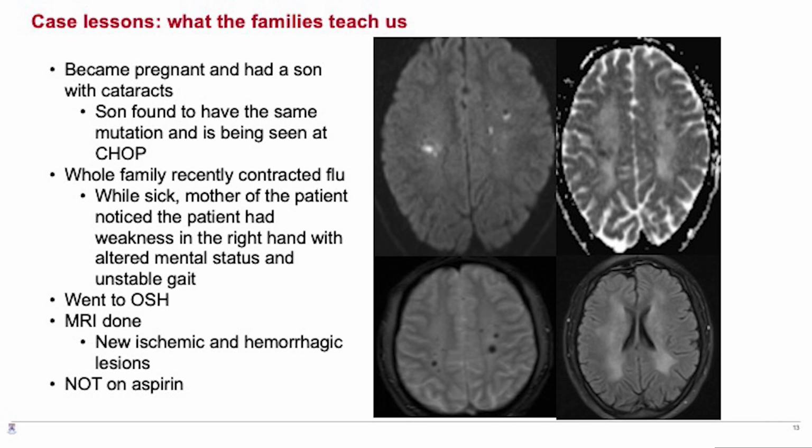There's new blood in the brain, and in this bottom left one you can see all these sites of bleeding. And there is some new ischemia too, so there were mixed clots and blood as well, though maybe this isn't the perfect slice of the image. And she's not been on aspirin.